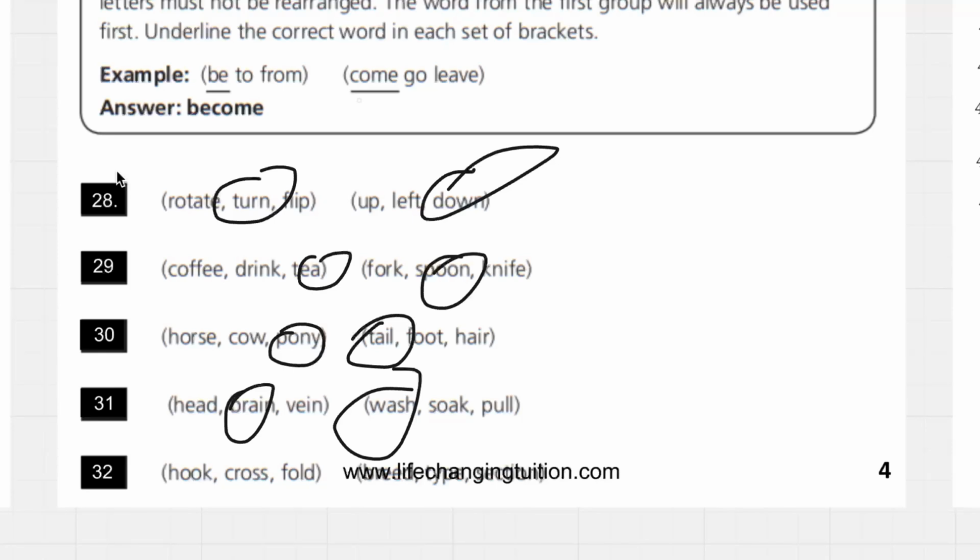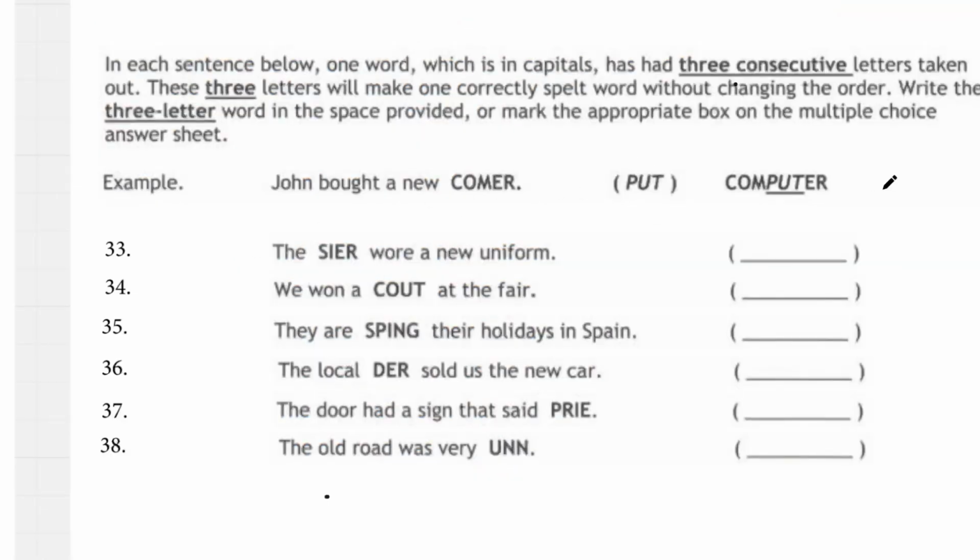Question 32, we would get cross, and it says breed over here, crossbreed, when you crossbreed, it breeds. Question 33, the soldier wore a new uniform, so it would be old is a 3-letter word. We won a coconut at the fair, it would be con. Sometimes you can win coconuts.